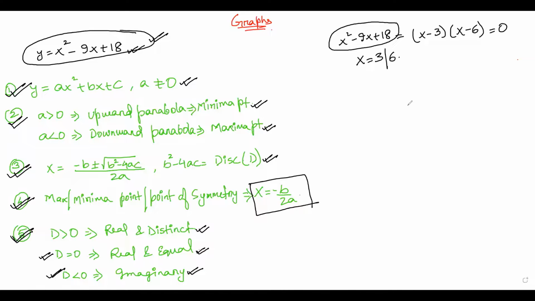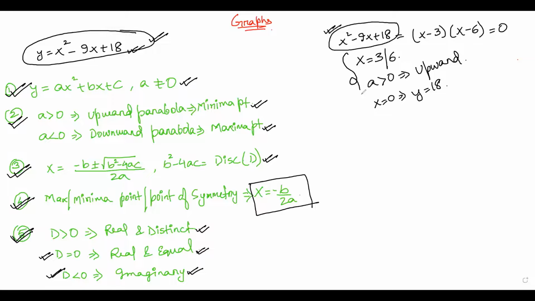That is, at x equal to 3 and x equal to 6, this curve attains a value of 0. And here we can see that the leading coefficient a is greater than 0. So the curve would be an upward parabola. Also, at x equal to 0, the value of y, that is the y-intercept, would be 18.